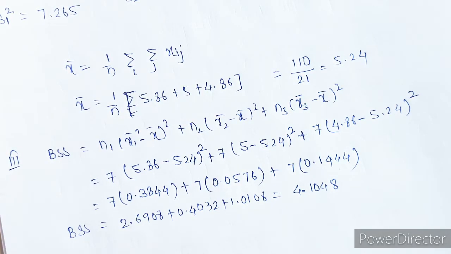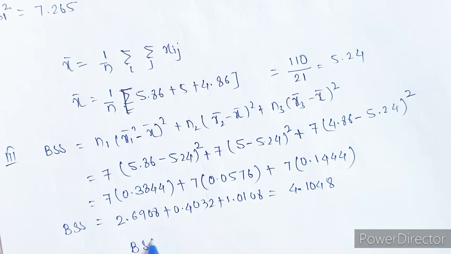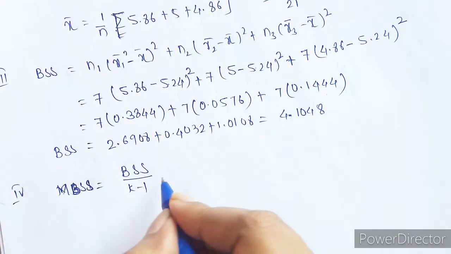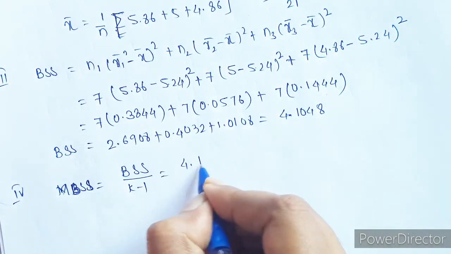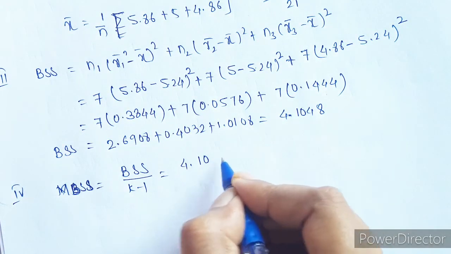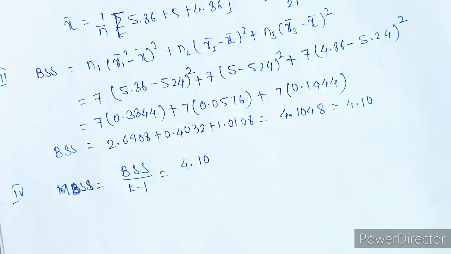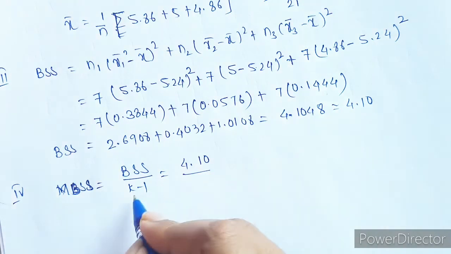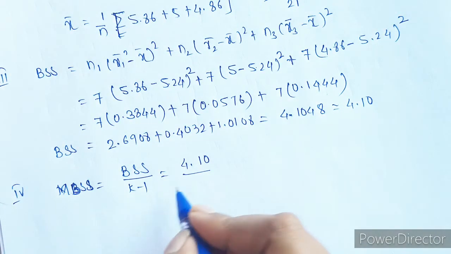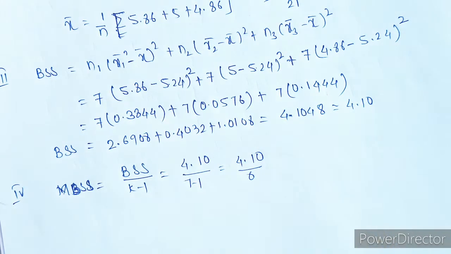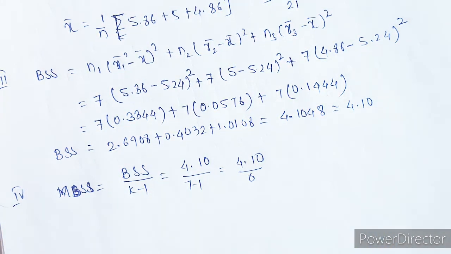The mean sum of squares between the classes is equal to the sum of squares between the classes upon degrees of freedom. The sum of squares between the classes is 4.10, approximately, and the number of terms are 7, so 7 minus 1, so this will be 4.10 divided by 6.